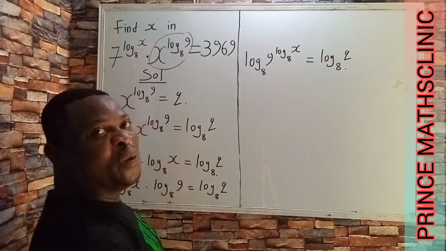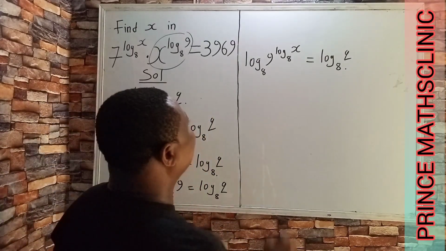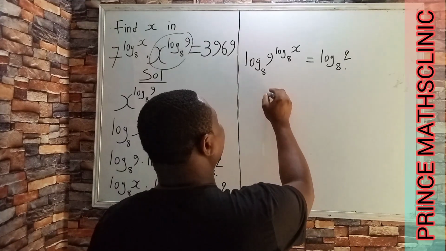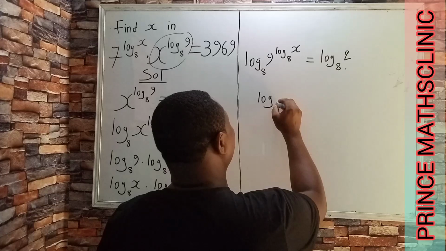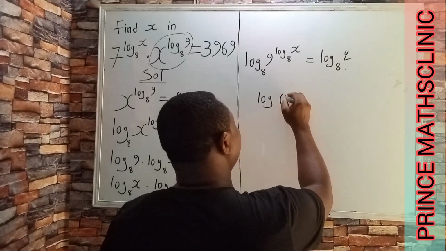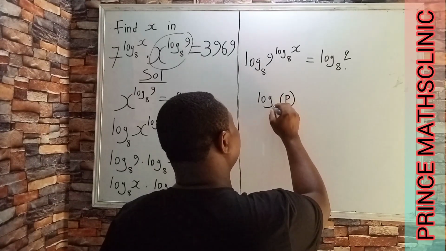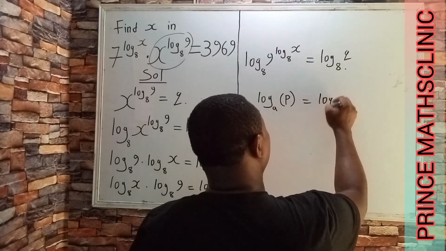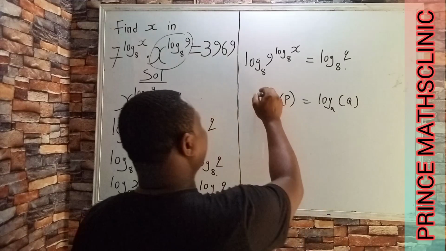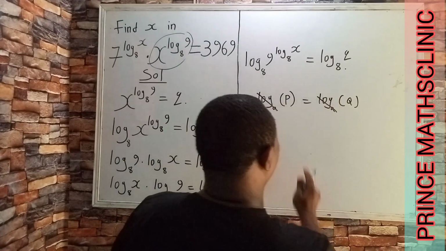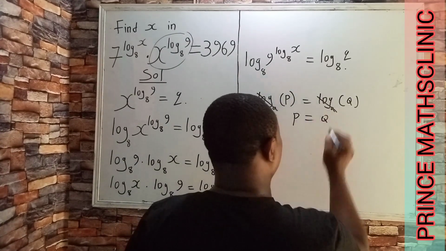Now, we know that in mathematics, if I have, let's say, log p base a equals to log q base a, I can say my log a cancels my log a, so that p will be equals to q.